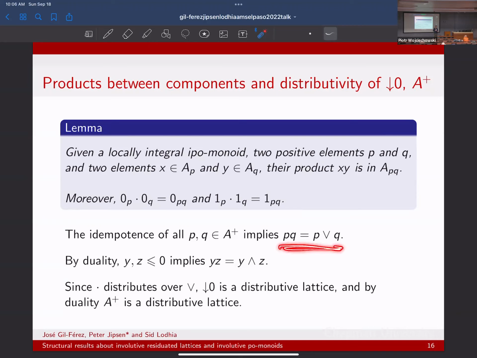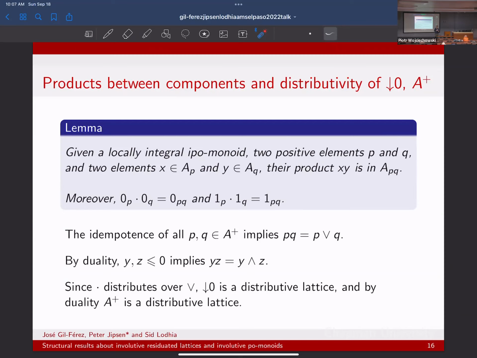And what's interesting is that everything in the positive cone turns out to be idempotent. Now, our assumption of local integrality is that everything below 0 is idempotent. But in this theory, it turns out that if you flip over using one of the linear negations, this forces everything in the positive cone to be idempotent. The other direction actually doesn't work in general in residuated lattices, but this is the way we need it anyway.